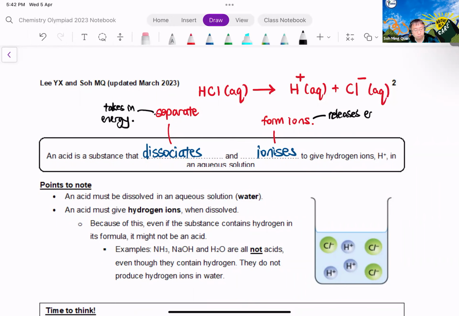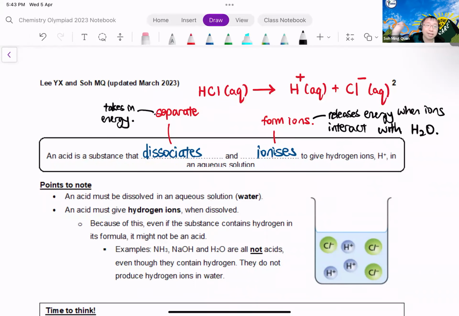when the ions interact with water. Remember, it's dissolved in water. So the charged ions form interactions with water. The H+, the Cl- charged ions can form bonds with water.